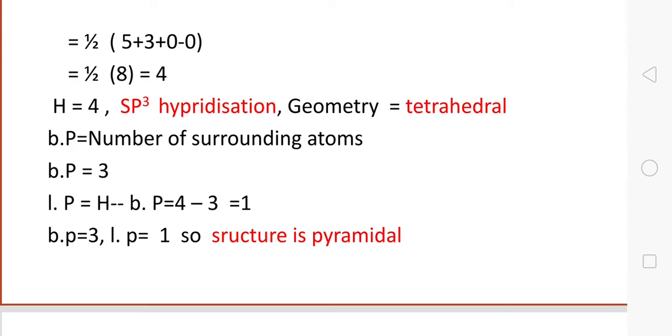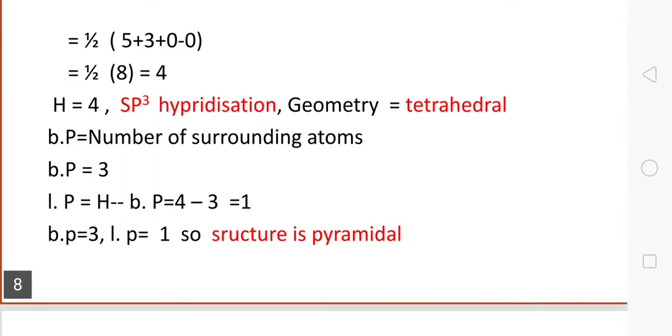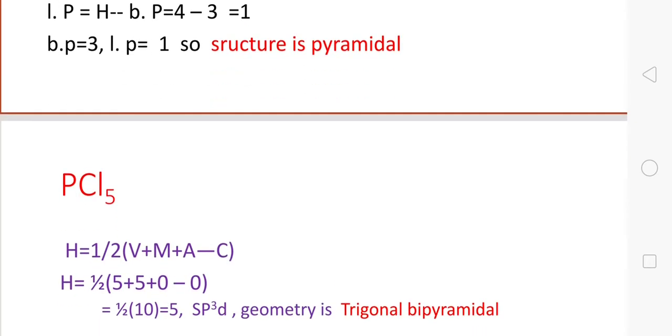So in ammonia there are 3 bonding pairs and 1 lone pair. So the structure is pyramidal. Clear? So the geometry is based on the hybridization number and hybridization. The structure is based on bonding pairs and lone pairs. Clear? Let us move to the next slide. Then PCl5.